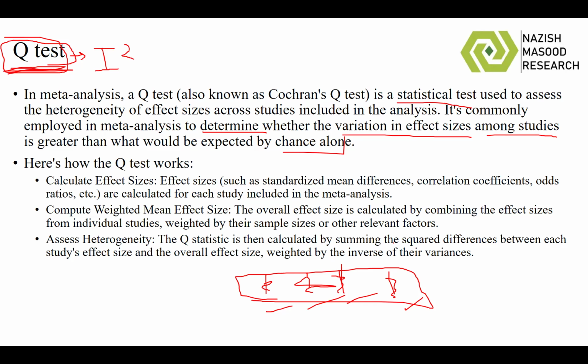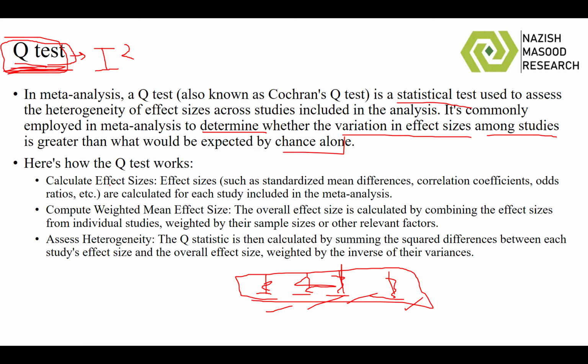I hope this is not too much statistics. I will try to make it as easy as I possibly can. But you must understand that Cochrane Q is applied because we want to know whether the effect sizes between the individual studies are different because of chance or because of heterogeneity, meaning that they are actually different.